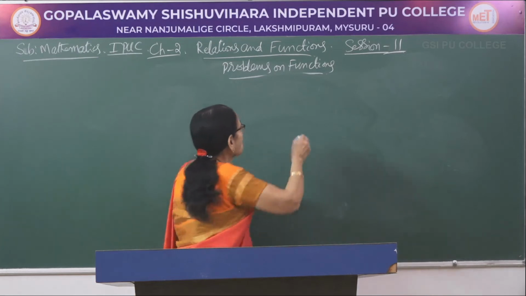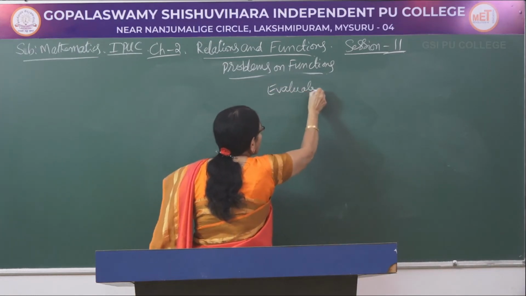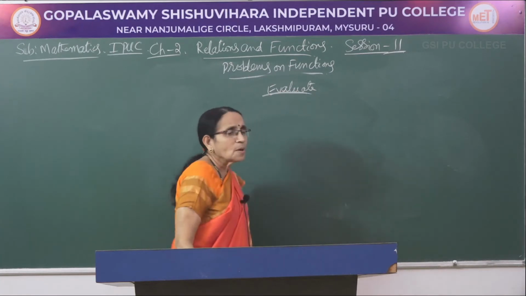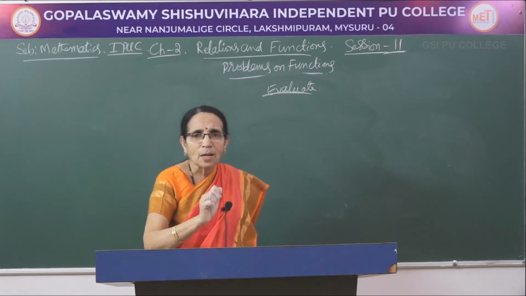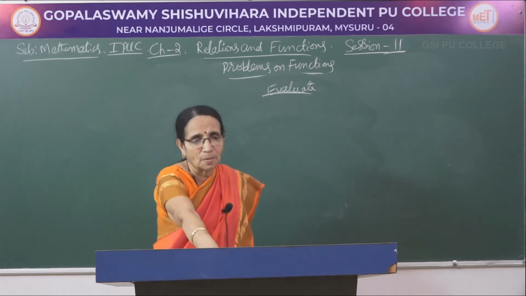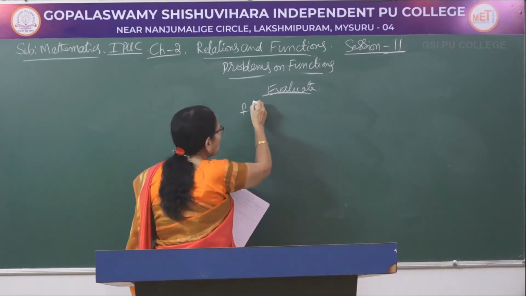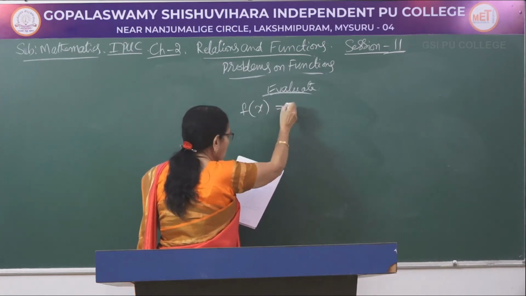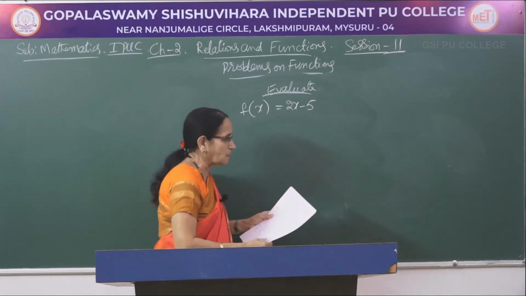It is another type of problem I am solving, where evaluate means we try to find the value of a function when the value of x is exactly given. A function f is defined by f(x) equal to 2x minus 5.